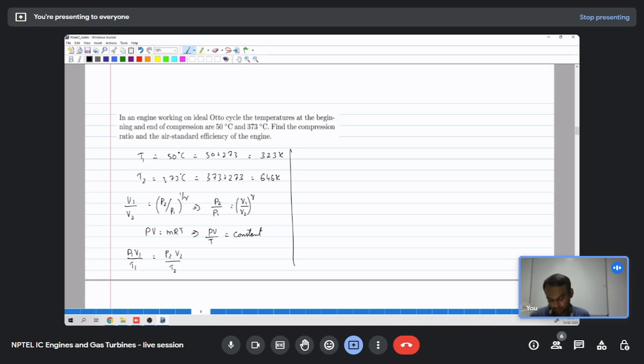Now substituting this relation in the ideal gas equation relation, we will get the relationship between volume and temperature. So we have P2 by P1 times V2 by V1 is equal to T2 by T1.